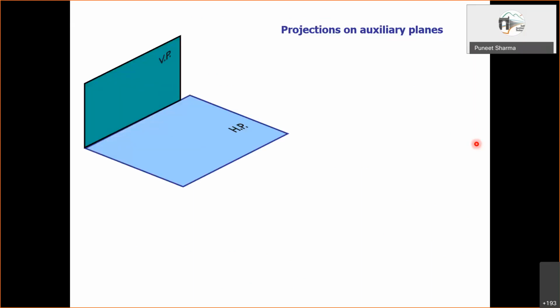Let us initially have the same thing as in the previous slide. So line capital A capital B is contained within this auxiliary inclined plane. From here if we look, then we'll have A dash B dash, inclination being alpha, as we'll discuss.